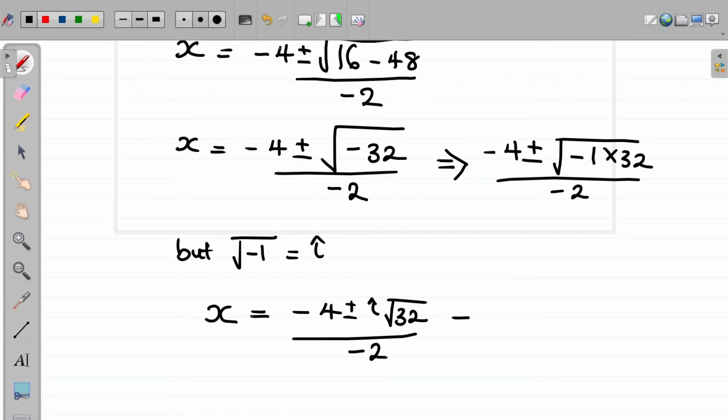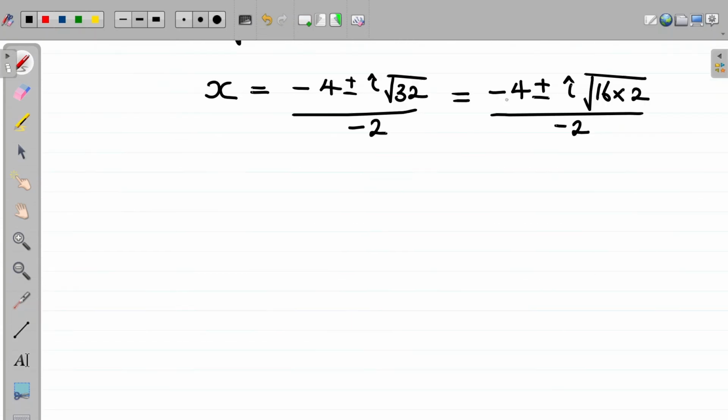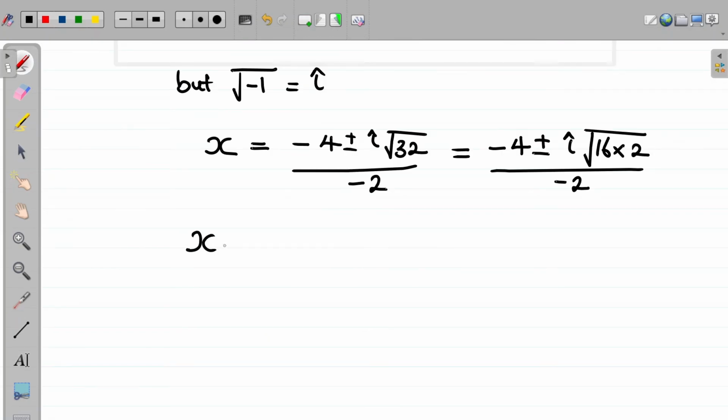Now, if we express 32 as a product of its factors, we have minus 4 plus or minus root of 16 times 2 divided by minus 2. So our equation becomes minus 4 plus or minus 4 root of 2i divided by minus 2.